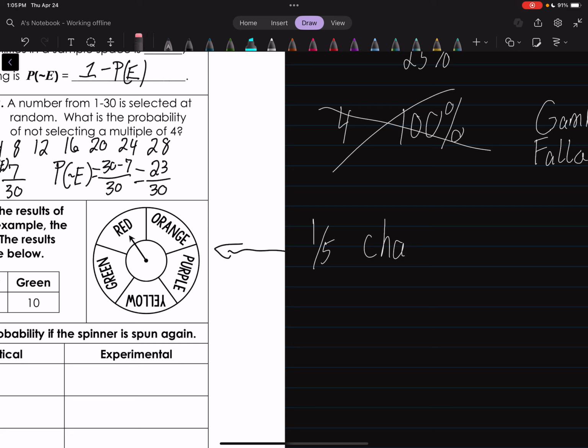So, find the theoretical and experimental probability if the spinner is spun again. So 10, probability of spinning an orange. Theoretically, orange is one color out of my 5 colors, so theoretically it's 1 out of 5. Based on our experiment, we can see that orange is spun 12 times out of my total spins.